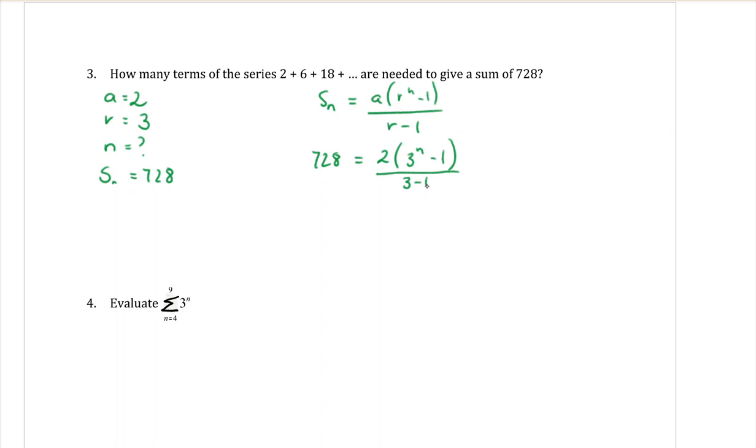So I need to rearrange it. First of all, multiply the 2 on the denominator across to the other side. Actually, I could have just cancelled, that would have been easier. Let's do that now. Divide the 2 away and I get back to my 728.